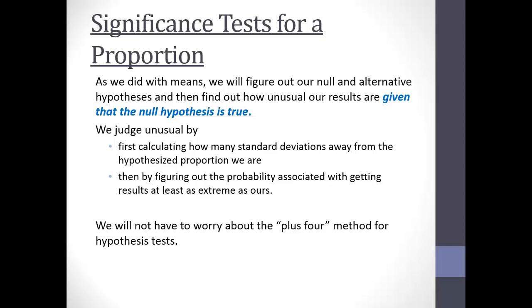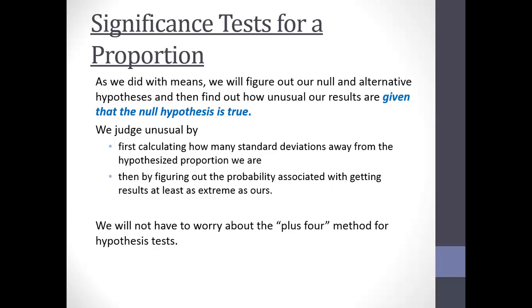So as we did before, we're going to set up our null and alternative hypotheses, and then we want to find out how unusual our results are, assuming that the null hypothesis is true. Usually the question we're interested in is in the alternative hypothesis, so convention is we assume the opposite is true, and then figure out how unusual our results are if the null is true.